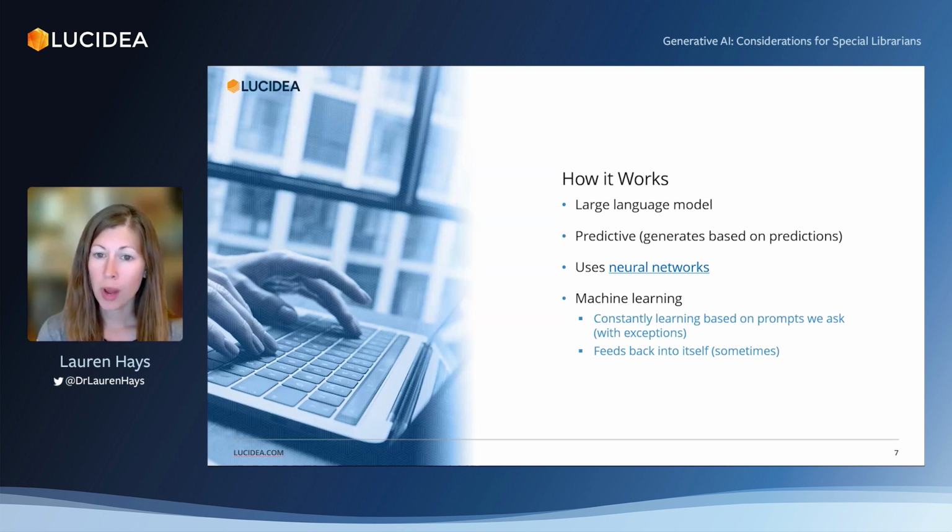Then the other way that generative AI works is that it's predictive, in the sense that it is generating text or images or videos based on predictions, what it thinks the next word should be based on the data that it has been trained on. So what is the most commonly used next word when you're putting these ideas together? We often already see the very basic of this in predictive text in email.